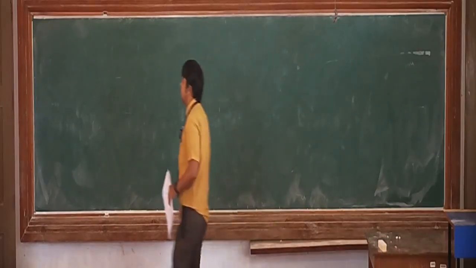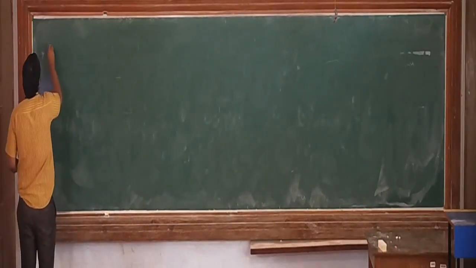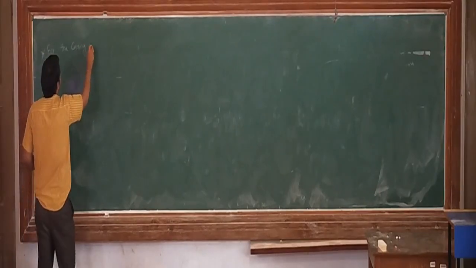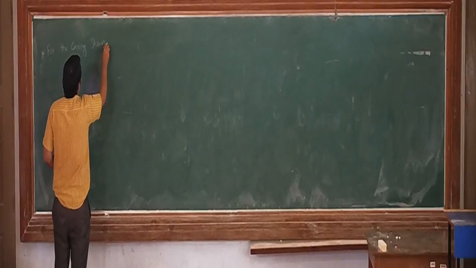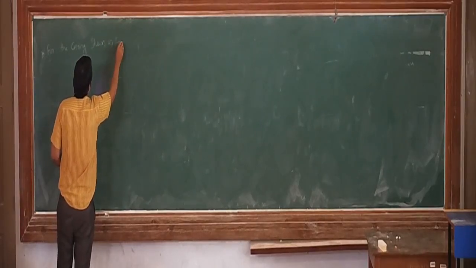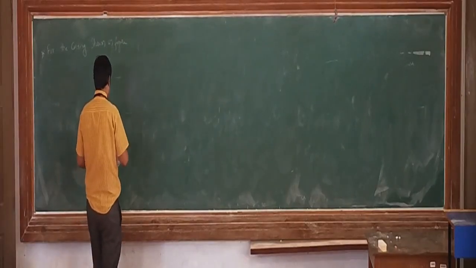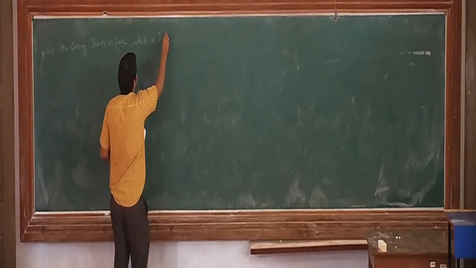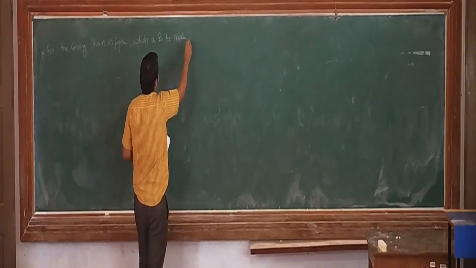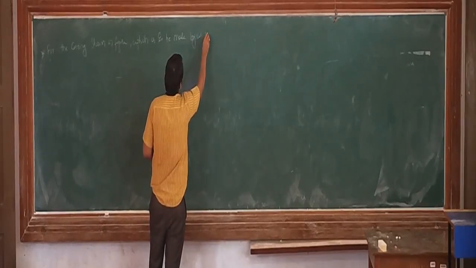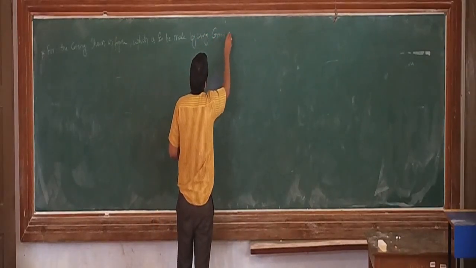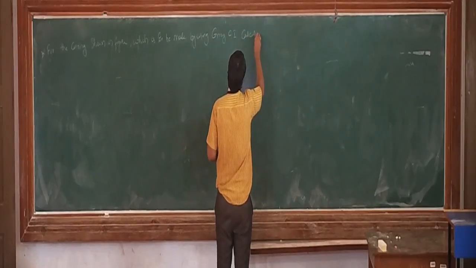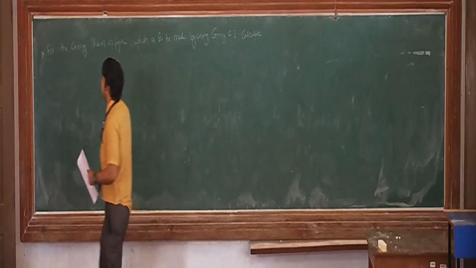For the casting shown in figure, which is to be made by using grey cast iron, calculate the choke area.